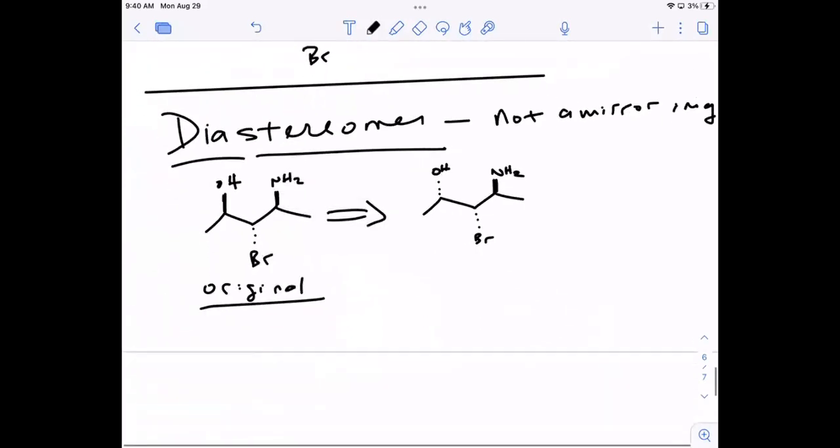What did I change in the other image? First of all, is this image a mirror image of the original, of the first one? No. It's not. If it were, everything would be different. But what did I change? I only changed this one stereo center, didn't I? That's the only difference between those two.